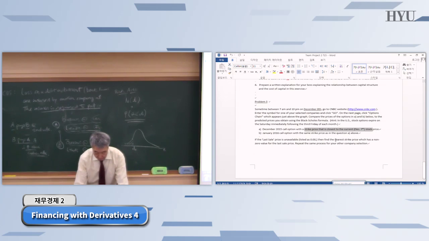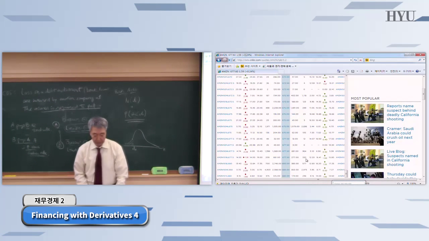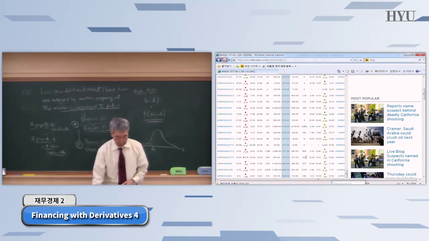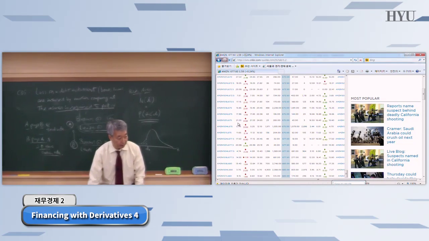Well, if you select a pretty popular, widely traded company like Amazon, and you get to the strike price close to the current price, then you'll probably see the actual last price.